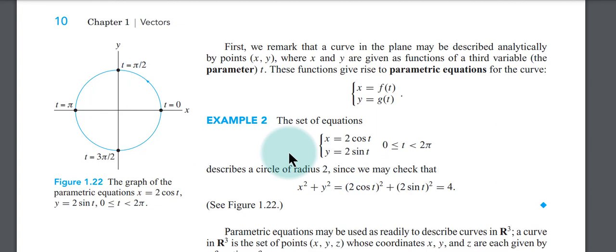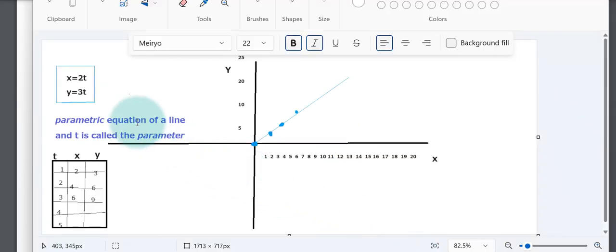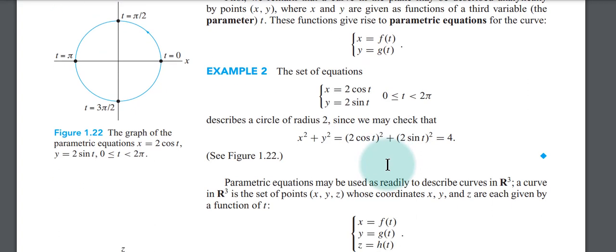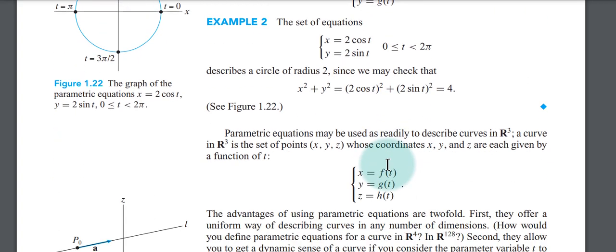As I said, this is an unfortunately sort of confusing first example to do, and my example was much more straightforward. We just had this function of t and this function of t instead of this function of t and this function of t. Okay, so let's not get confused by their relatively confusing equation.